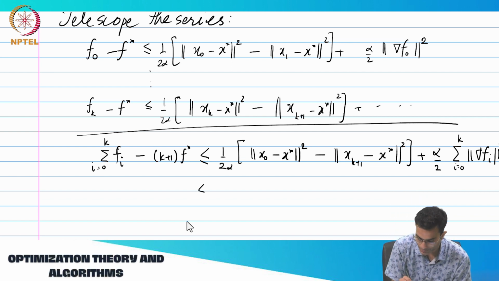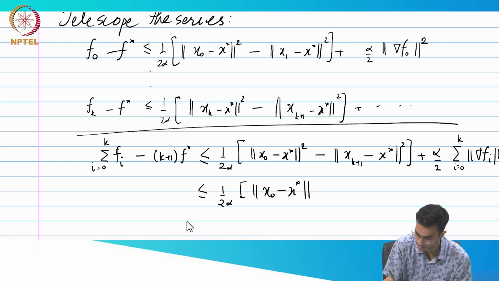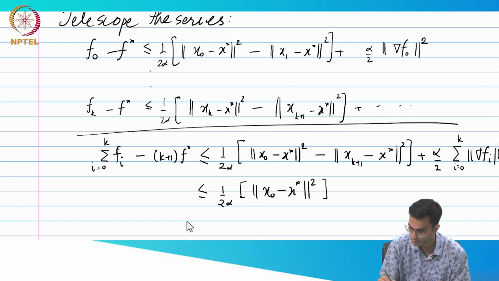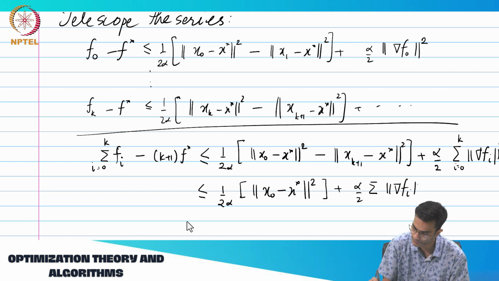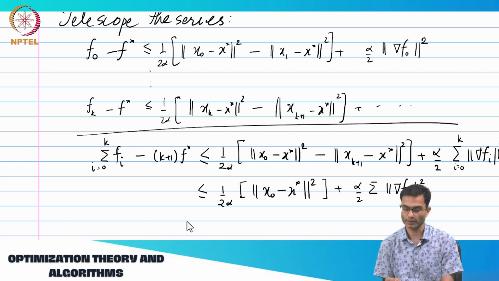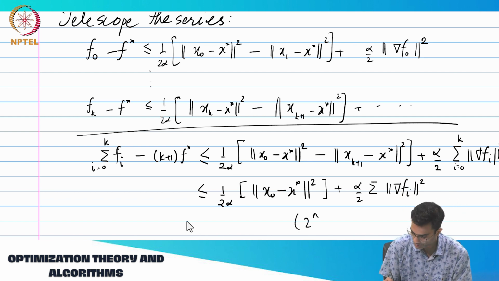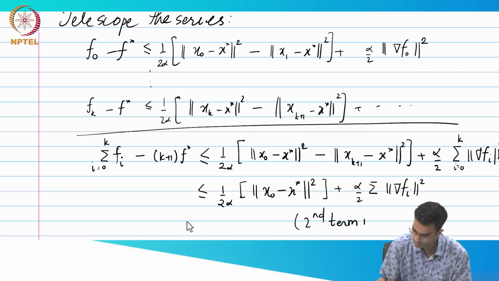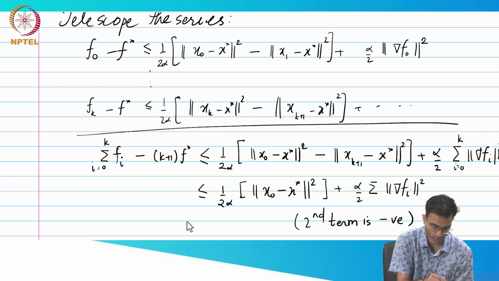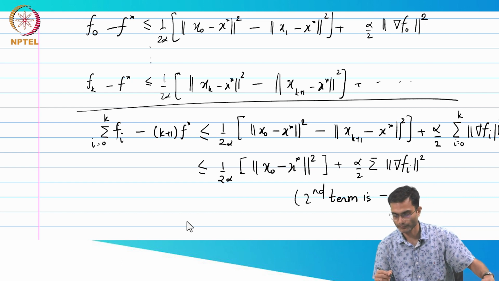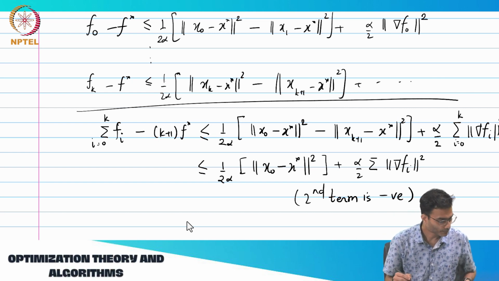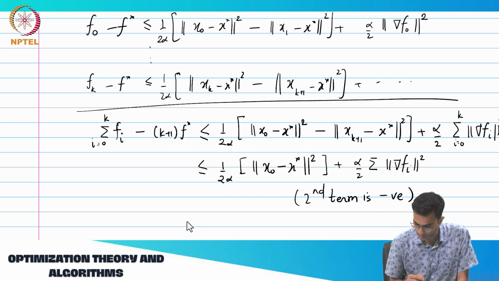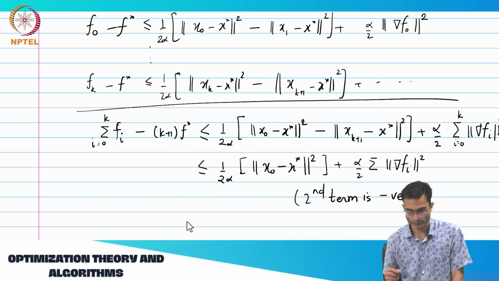So I can as well write this as 1 by 2 alpha x naught minus x star squared plus alpha by 2 summation of grad fi squared, right? Because the second term does not affect the inequality, okay. So we are getting there.